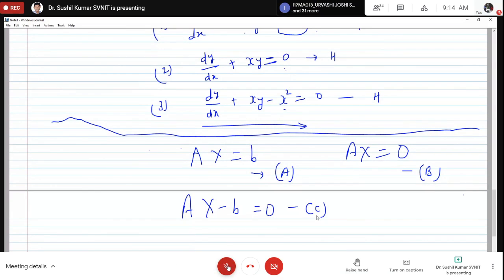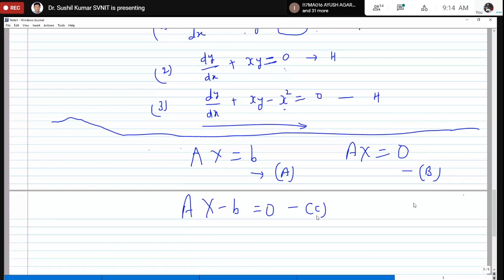It is non-homogeneous. Any reason? Anybody else have a reason for this? Why is A non-homogeneous and B homogeneous? It doesn't contain x in the b term, so it is non-homogeneous.